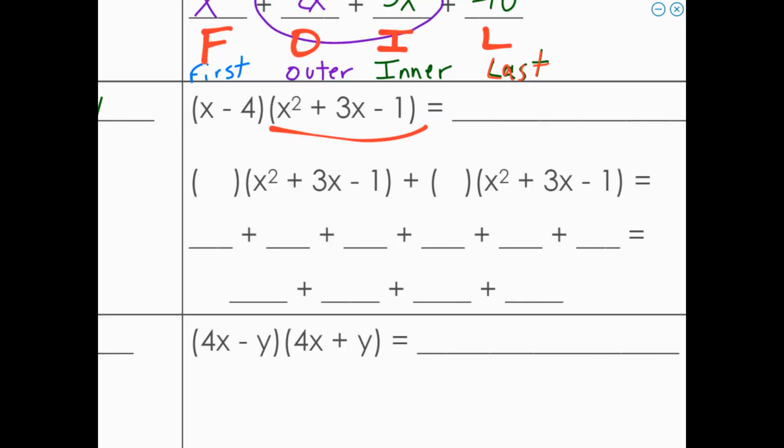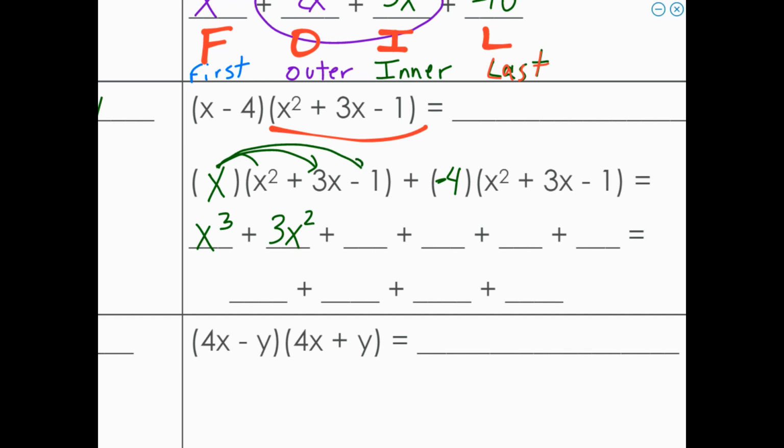All right, so when we're distributing, we're going to take this first, so x and negative 4, and separate them and multiply them by everything in the second parentheses. So x times x squared, x cubed, x times 3x, 3x squared.